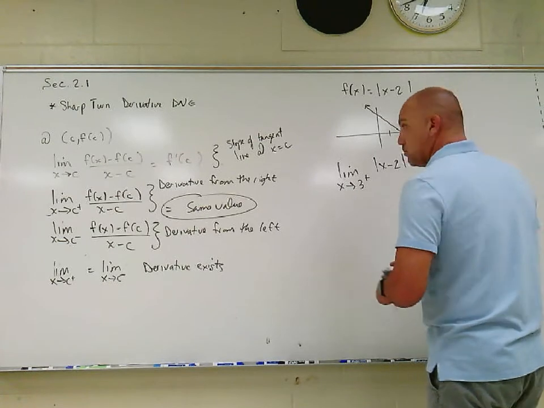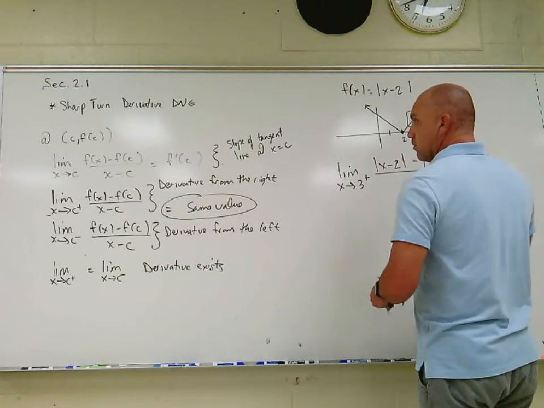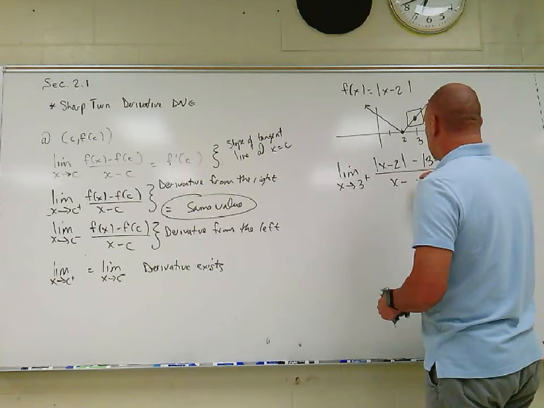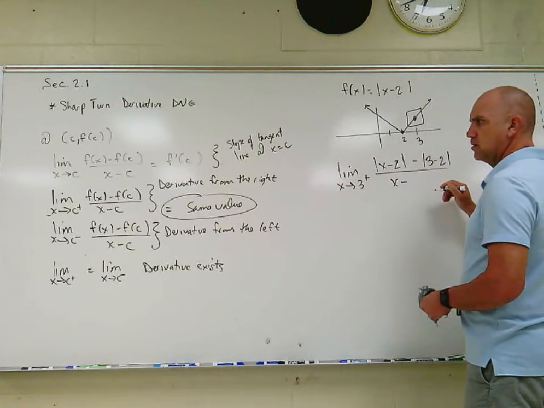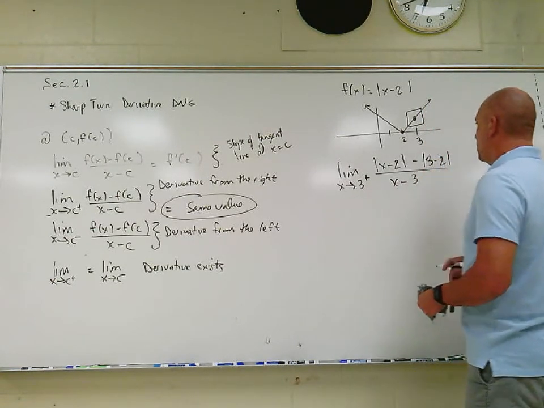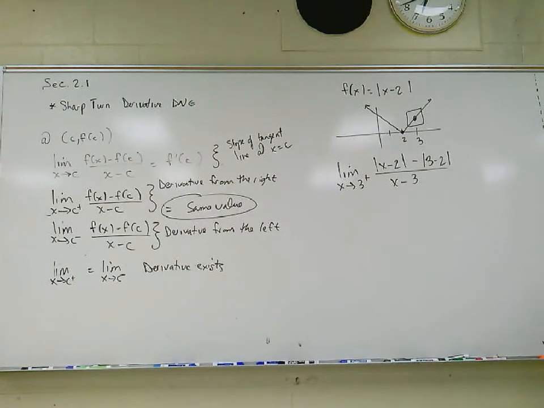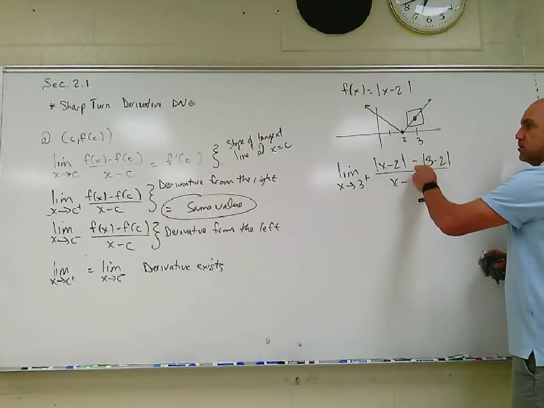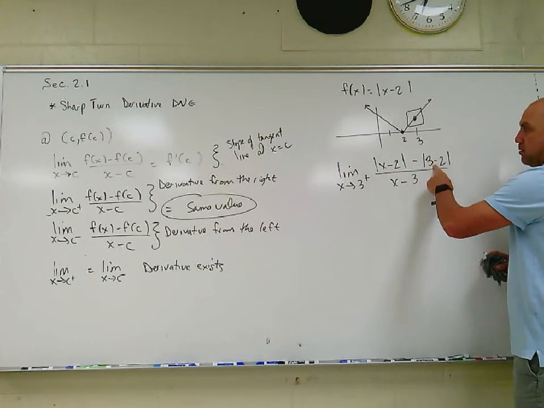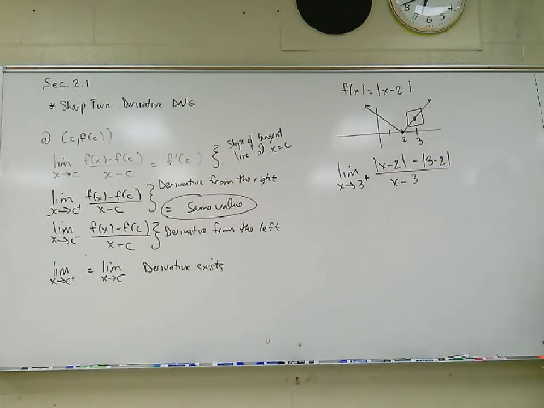Let me make sure I'm doing everything right. Our c is 3, right? f of x minus f of c, yeah. That should be it. So far it looks like I plugged in everything right.